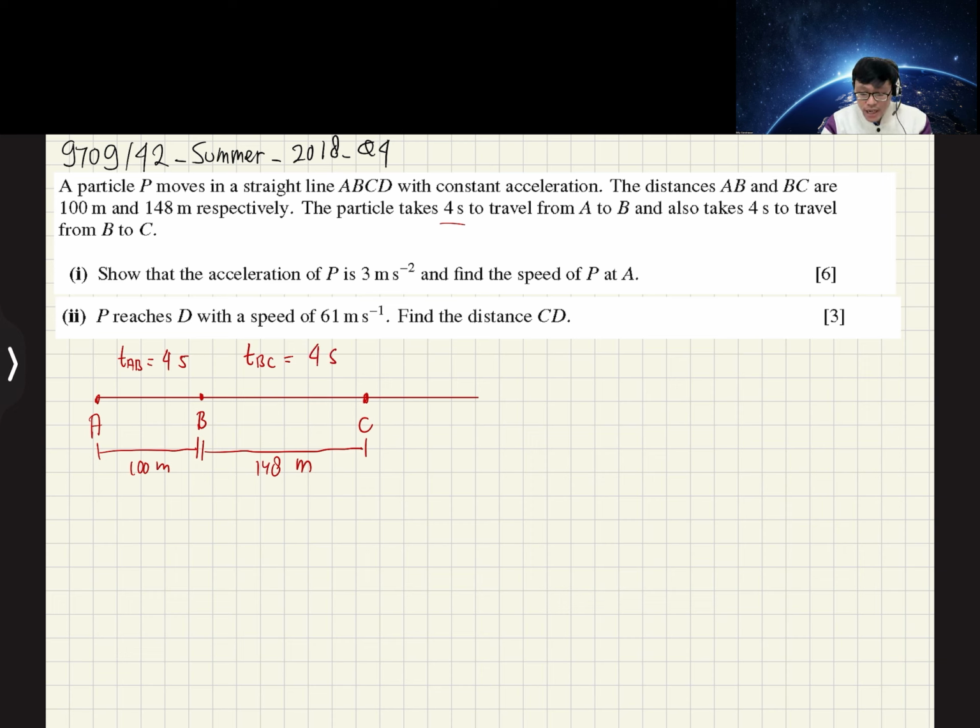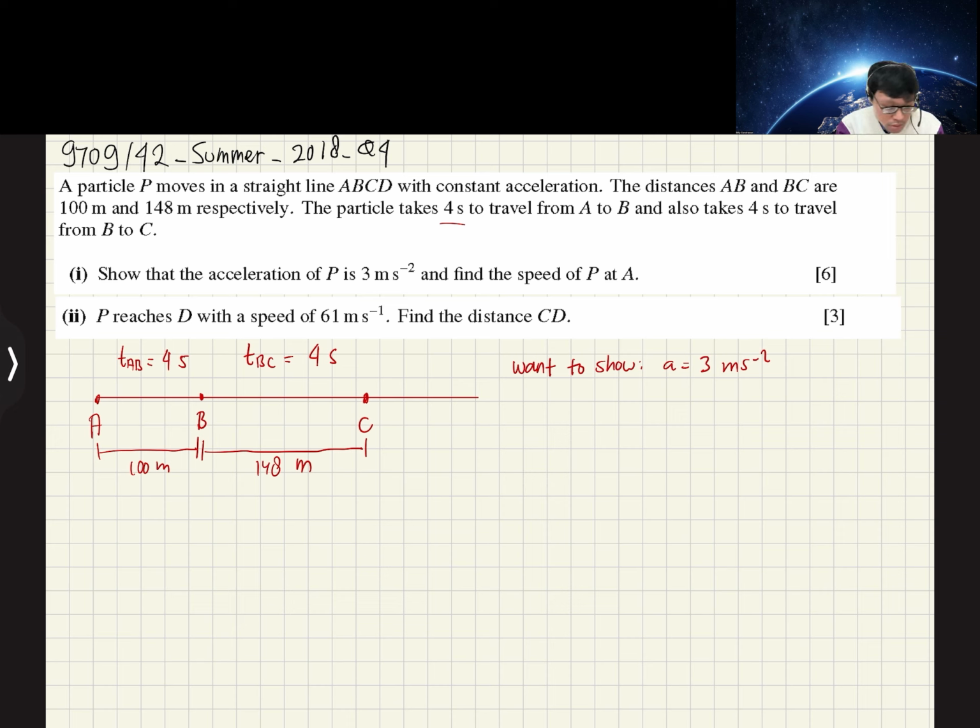Now, we want to show that the acceleration is 3 meters per second squared. So you want to show that A is 3 meters per second squared. Now, let's look at what we know here.